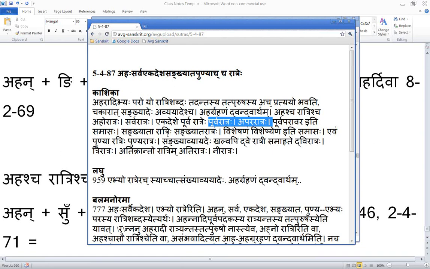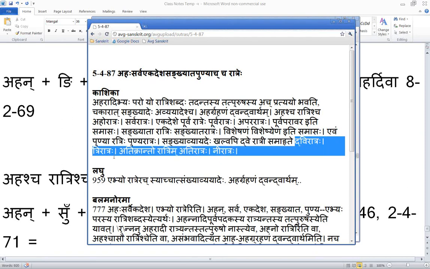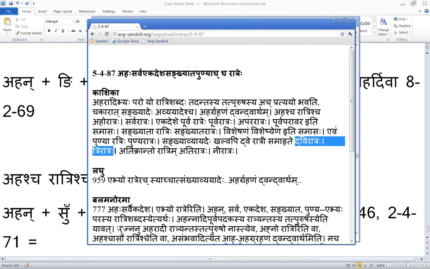Then Sankhyata Ratraha, and Punya Ratrihi, Punyaratraha. And then Sankhya Avavadehe comes by anuvritti. There are some typos here. So we have Dviratraha, Triratraha, so it can be two nights, three nights, and Atikranto Ratrim Atiratraha.